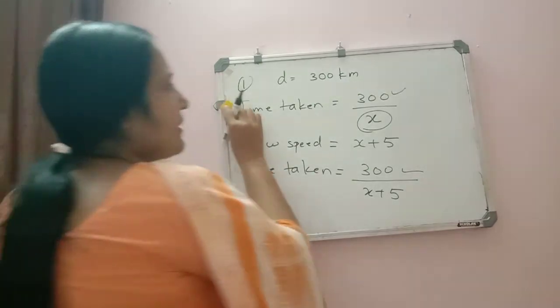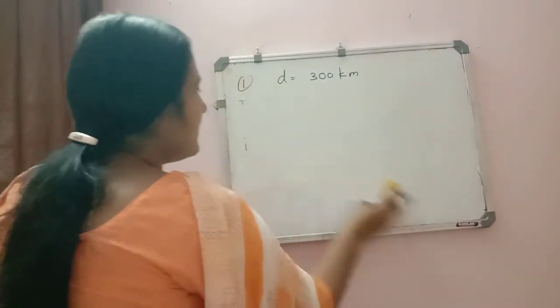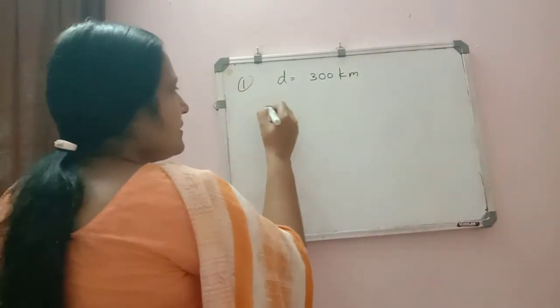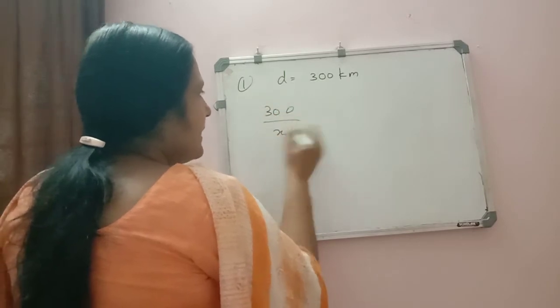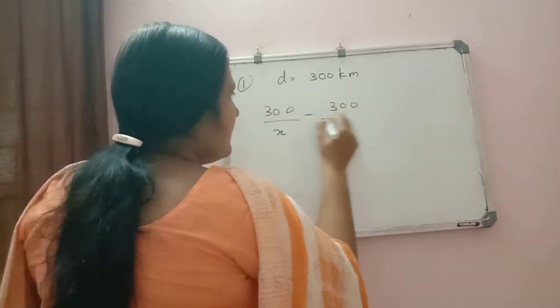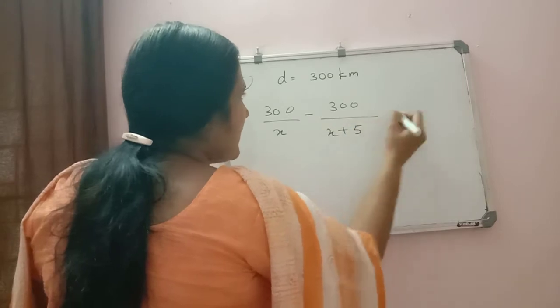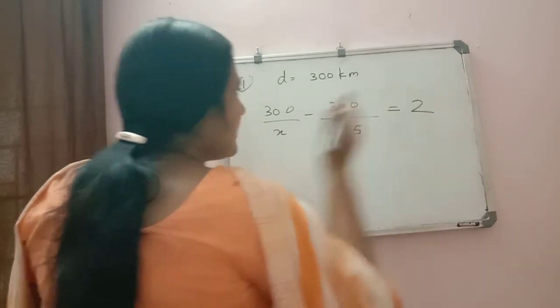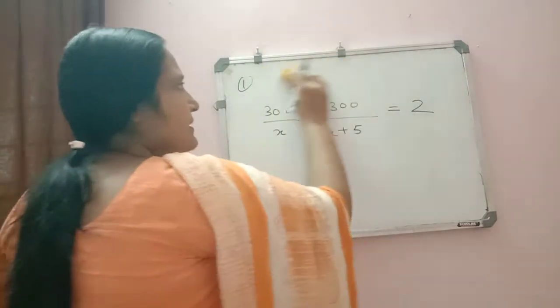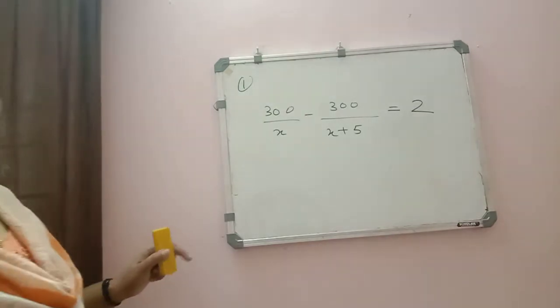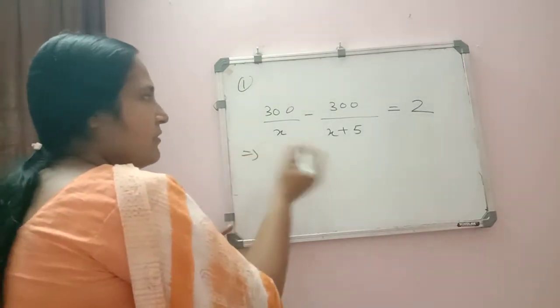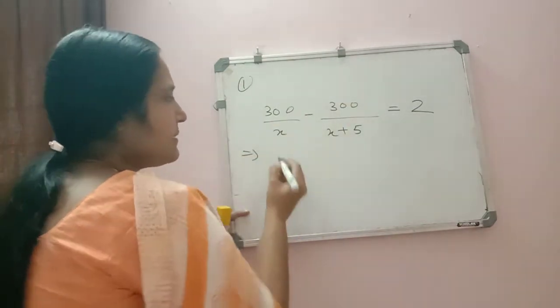So directly we will frame the equation: 300 by x minus 300 by x plus 5, it was given it would have taken 2 hours less. So the difference in these two timings is equal to 2 hours. Now we can simplify it by cross multiplication.